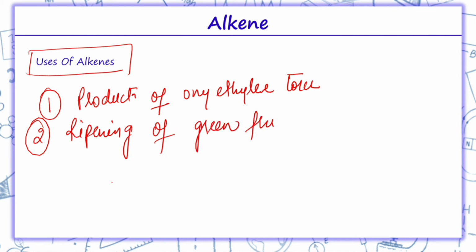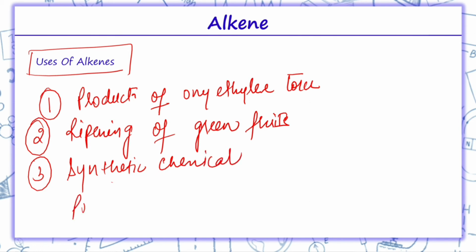They are used in the manufacture of synthetic chemicals like ethylene glycol, diethyl ether. They are also used in the manufacture of polymers, like polyethylene and polyvinyl chloride, that is PVC, which is used in packaging, insulators and all.